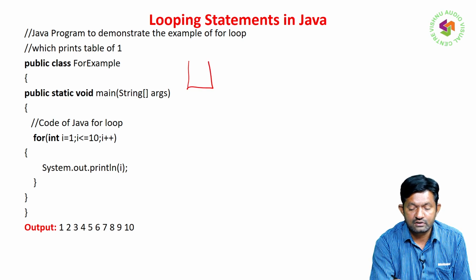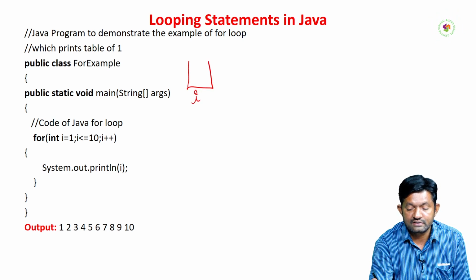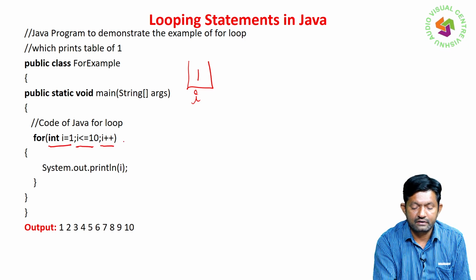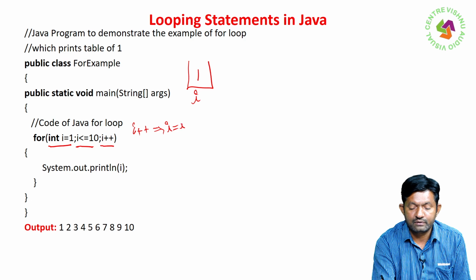Initially i is the variable, i value is 1, and the syntax of the for loop is initialization, condition, increment or decrement. i plus plus means i is equal to i plus 1, I already told, right?